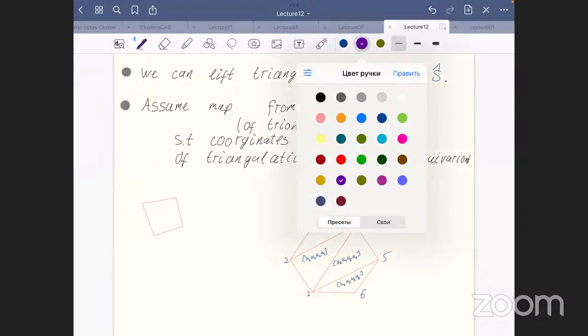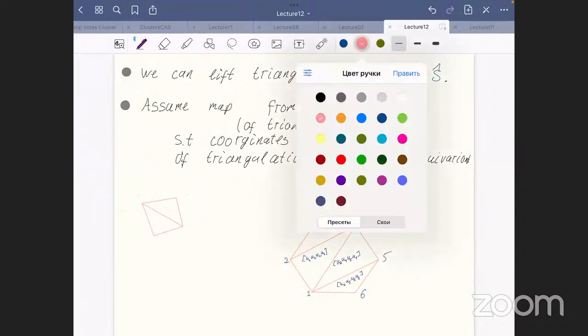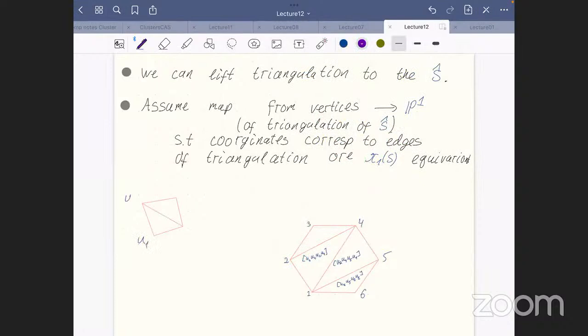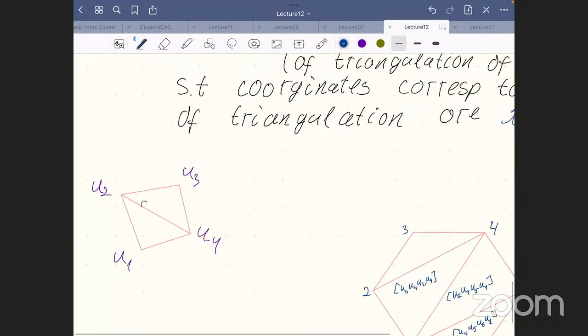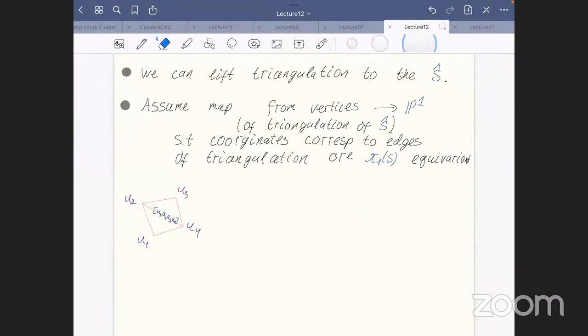Let me draw the same diagonal here. And say that here we have U1, U2, U3, U4. Then the value of the corresponding variable which is assigned to the edge will be, according to this convention, given by U1, U2, U3, U4.